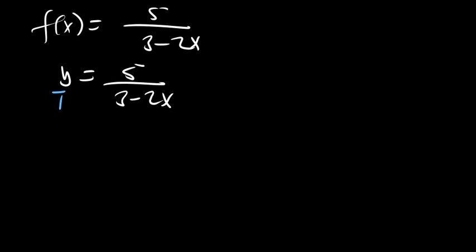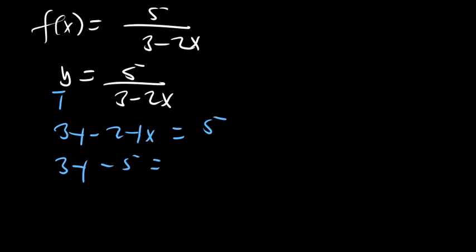So if I cross multiply, it will be 3y minus 2yx, or xy if you want, being equal to 5. You shift this to the other side, so that it should be 3y, then shift 5, it will be like that.